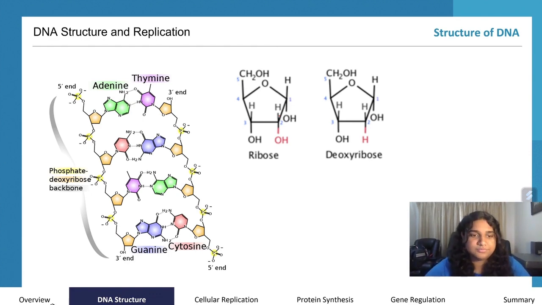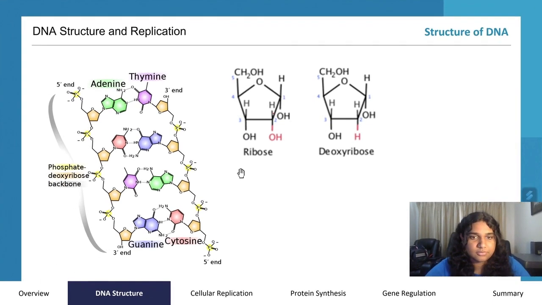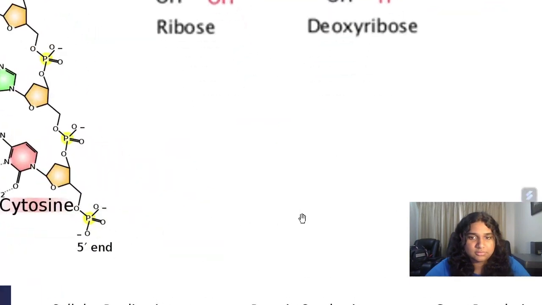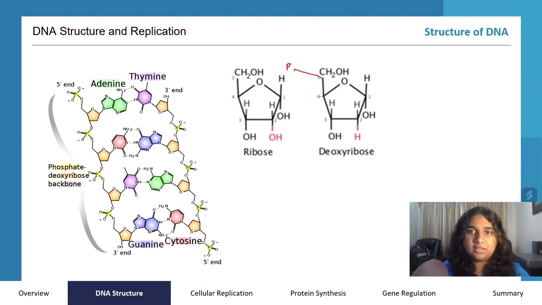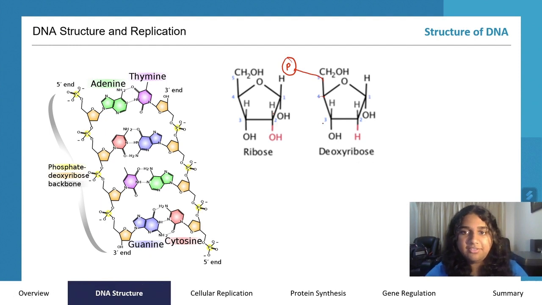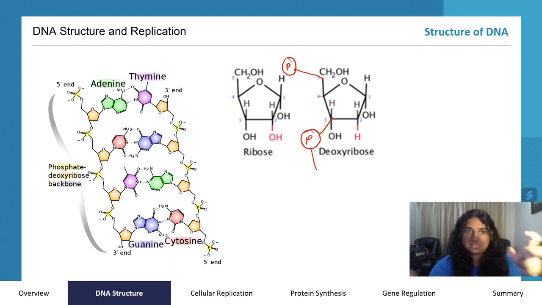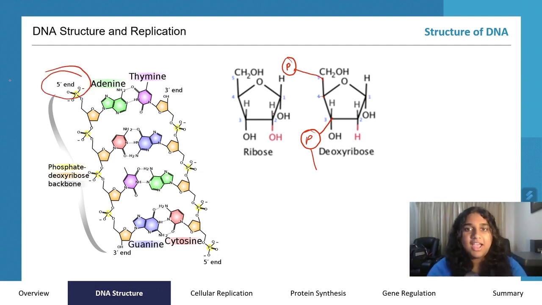It'll kind of be coming off the side of carbon number 5, and then the other phosphate group will be connected onto carbon number 3, and then it'll continue the chain on. So basically, we talk about the structure of DNA in terms of its 5' end, as in the phosphate connected to the 5th carbon, and the 3' end, as in the phosphate connected to the 3rd carbon.